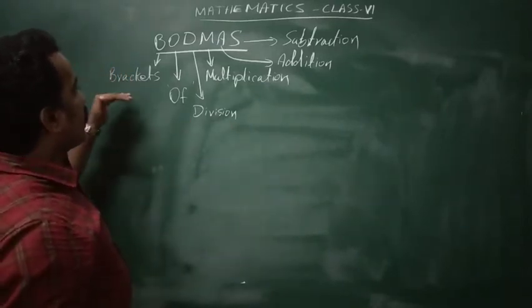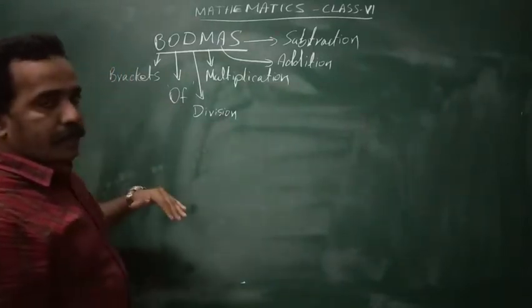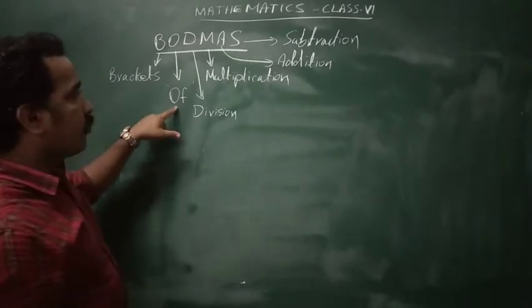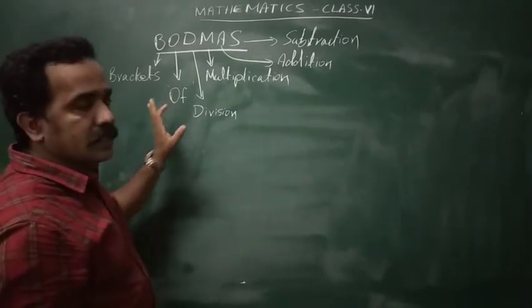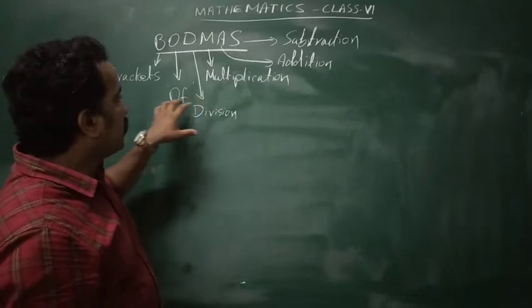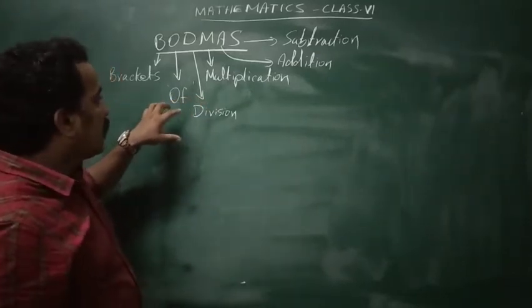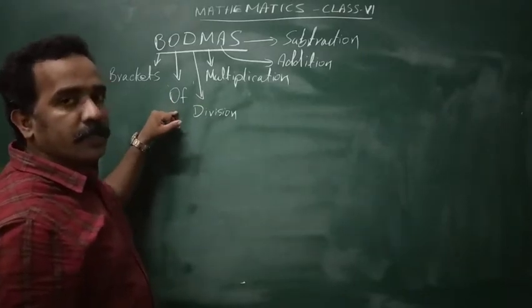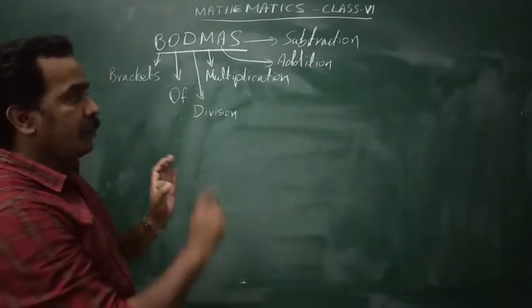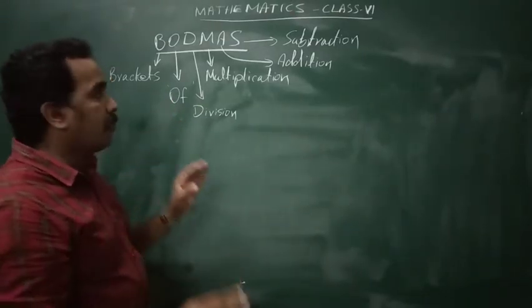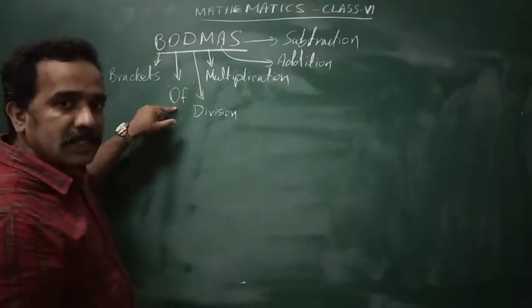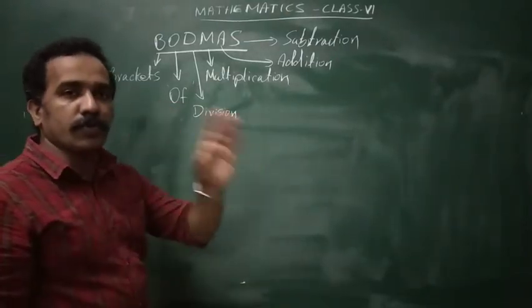Now let us see what is meant by the of operation and brackets. Of operation, I already told, is multiplication. But in an arithmetic expression, if multiplication and of are coming together, between which two numbers the of operation is there, that you have to do first.